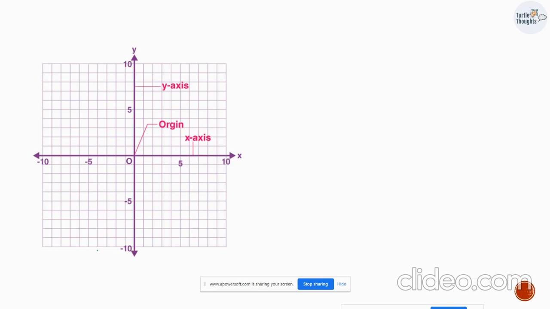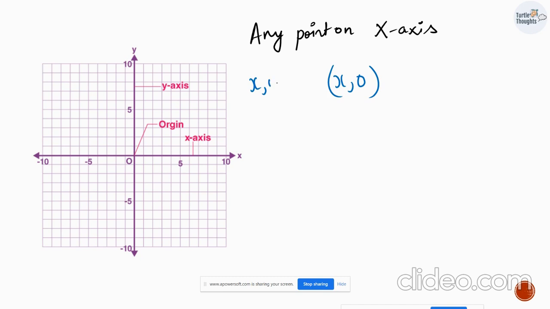Now, any point on the x-axis. This is important while solving the questions, so let me discuss this. Any point on the x-axis can be written as x comma 0. So usually the Cartesian coordinates are x comma y, right?